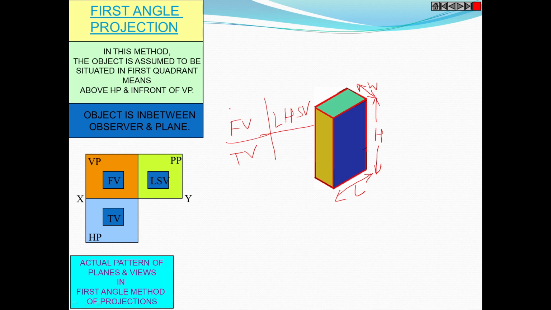If you are looking towards this object from this side, this blue part becomes the front view. If you are looking from the top, we get the top view, and if we look from the side, we get the left hand side view.